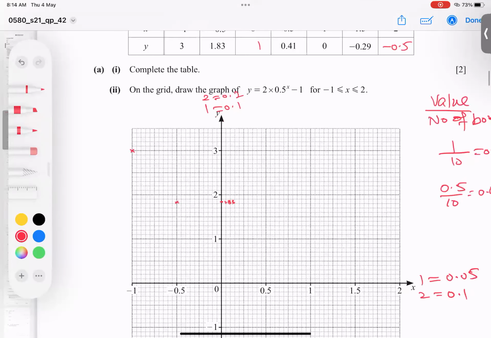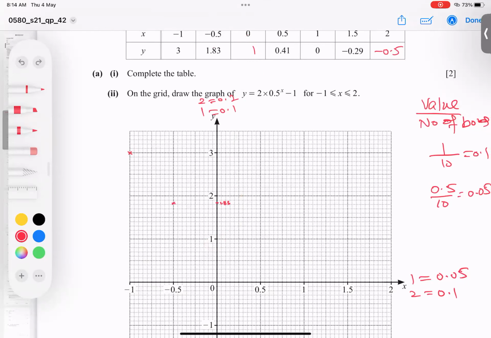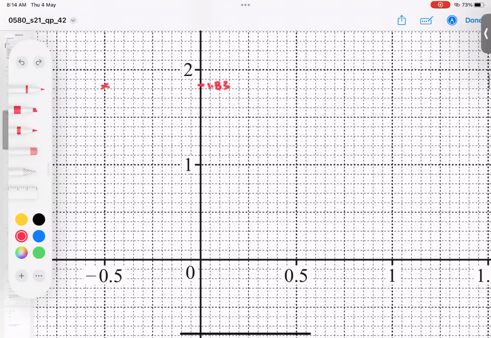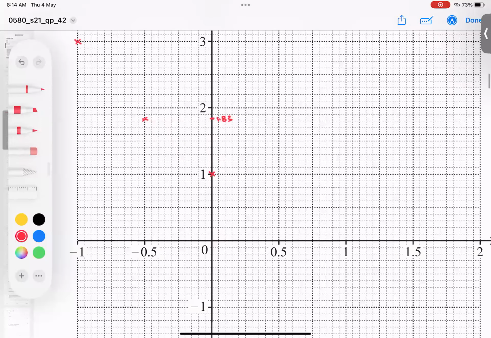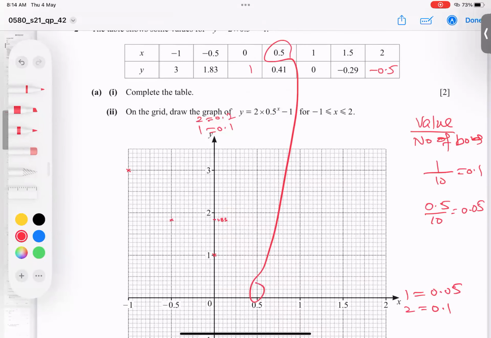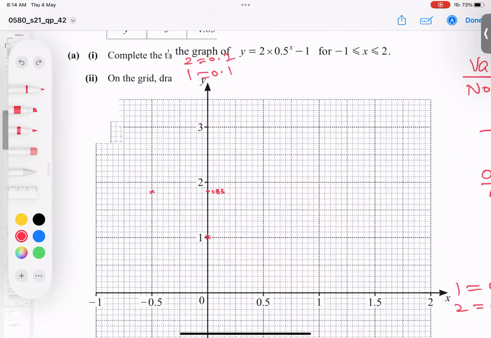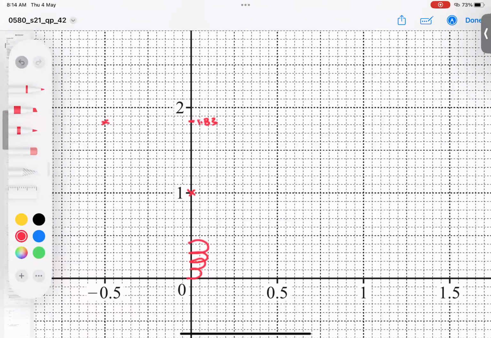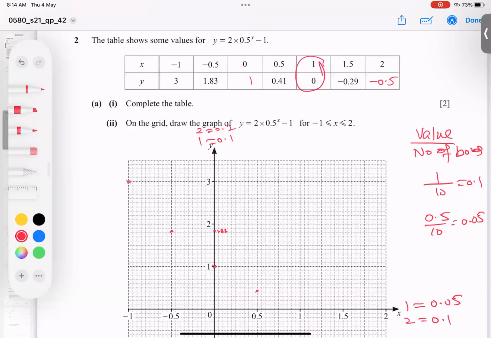When x is 0, y is 1. When x is 0.5, here, y is 0.4, slightly above. When x is 1, y is 0, so it means exactly here.